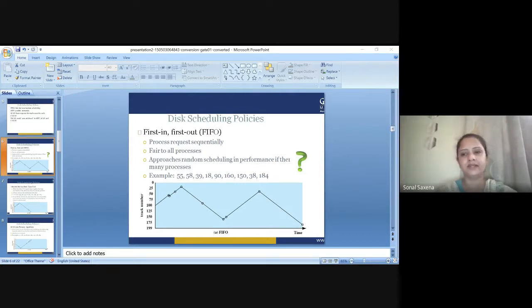Now, let us take one example of FCFS and understand what exactly this algorithm does.